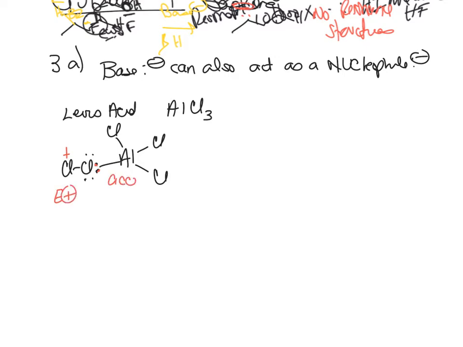Okay, so this is your Lewis acid. You did this in electrophilic aromatic substitution, accepts a lone pair. Okay, so a Lewis base would donate electrons, and a Lewis acid accepts electrons.